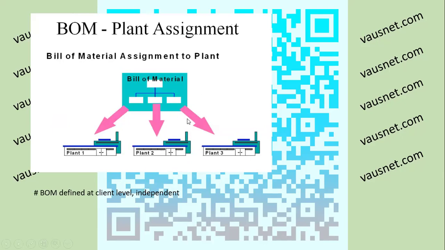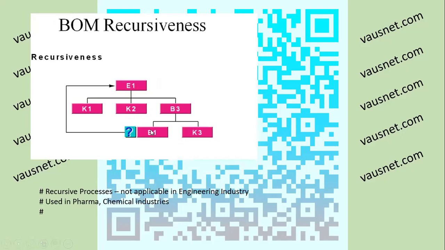One bill of material will be assigned to different plants. For example, if you have 3 Honda factories making motorcycles, the same bill of material will be shared between the 3 plants. BOM recursiveness.